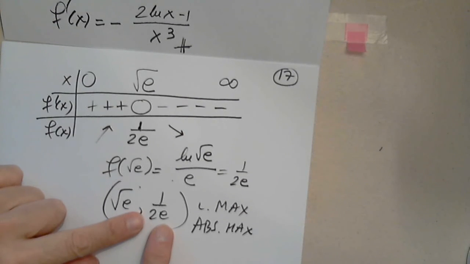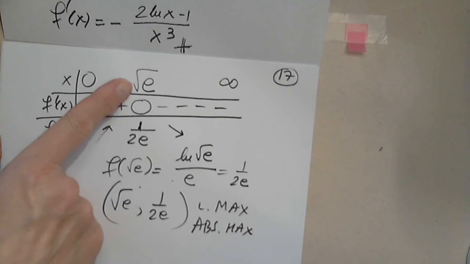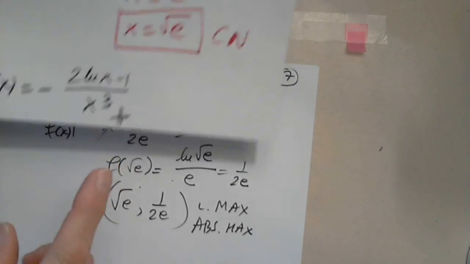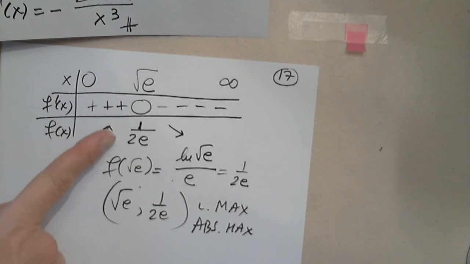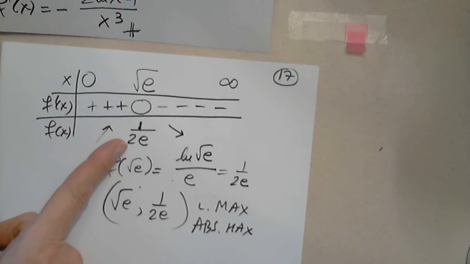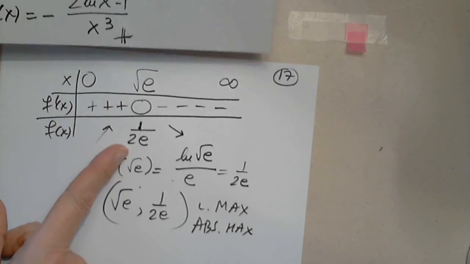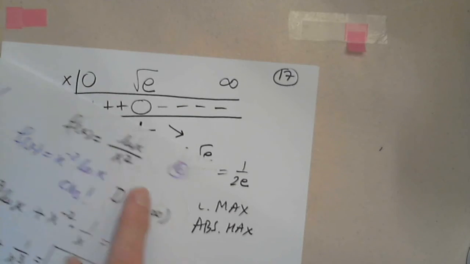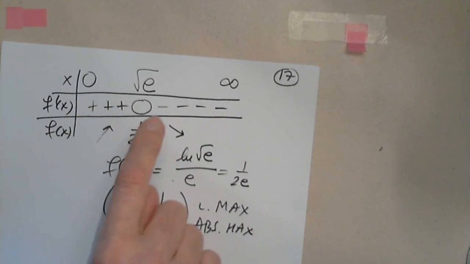How did we get this one? Yeah, I was curious, was it given in the problem? No, I always have to determine the y value. So every time I have a critical number, if I don't determine the y value, I will not be able to tell you which point it is. I will only have the x coordinate, but not the y coordinate. So I plugged it in the original function, because this is the function and this is the derivative.